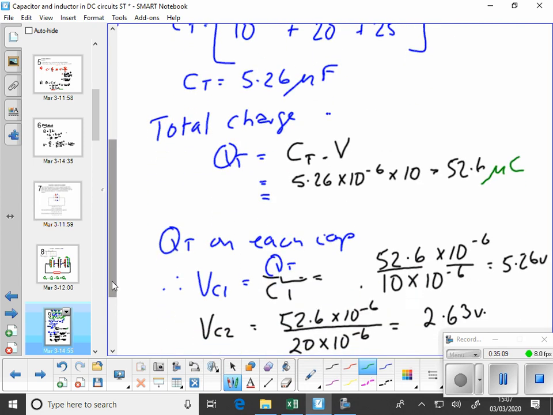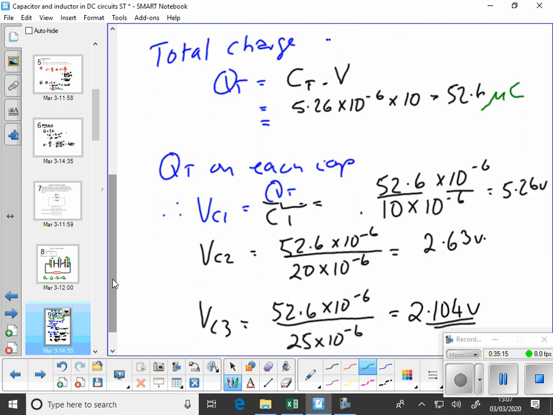Then we can apply the total charge, 52.6 microcoulombs, to each capacitor in turn and work out the voltages. So the 10 microfarad has got 5.26 volts across it. The 20 has got 2.63, and the 25 has got 2.104.